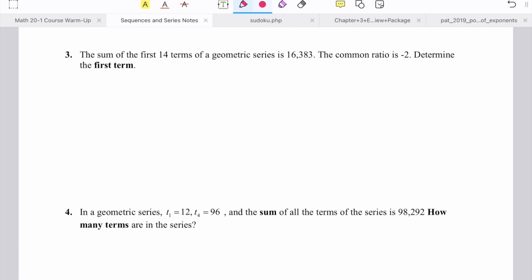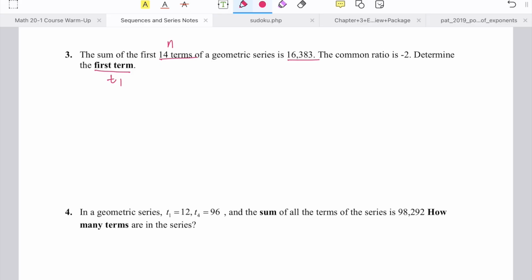Let's look at the next one. The sum of the first 14 terms of a geometric series is 16,383. The common ratio is -2. Find the first term. So we're looking for T1. We have N as 14.